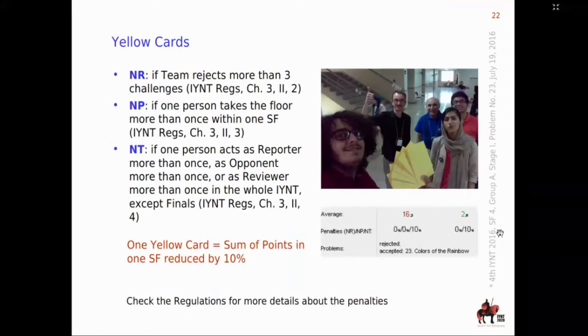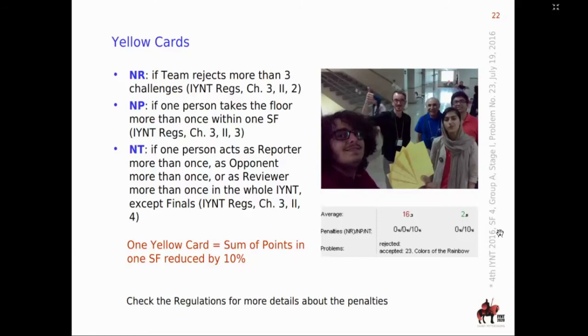If one person takes the floor more than once in one science fight, which means, for example, you are opponent and then you, the same person, want to present as reporter, or opponent and reviewer, or reporter and reviewer, any two combinations, then your team gets an NP type yellow card.